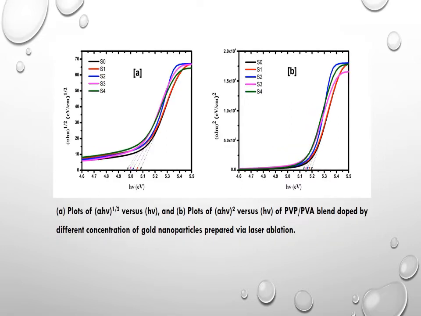In the next slide, A represents alpha h nu squared, the direct and the indirect band gap. The direct and indirect energy band gaps of the prepared nanocomposite samples could be calculated by two correlations.